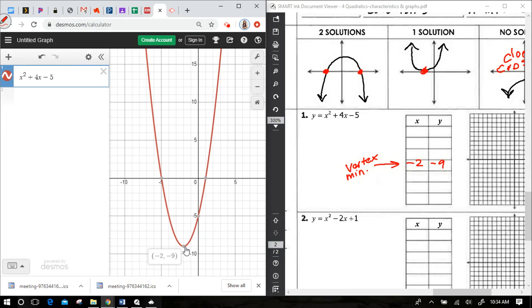Next, I can highlight the y-intercept, which is at -5. So 0, -5. Okay. And then I have 2 other points that I can click on as well. 1 and 0.